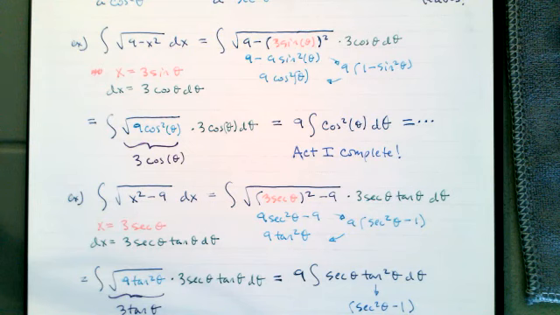The most important thing is to remember the 3 cases and to remember why you're doing this in the first place. Now tomorrow we can talk about how Act 3 is supposed to work. Once we integrate things, we'll have an antiderivative in terms of theta. How do we get back from theta to an antiderivative in x?